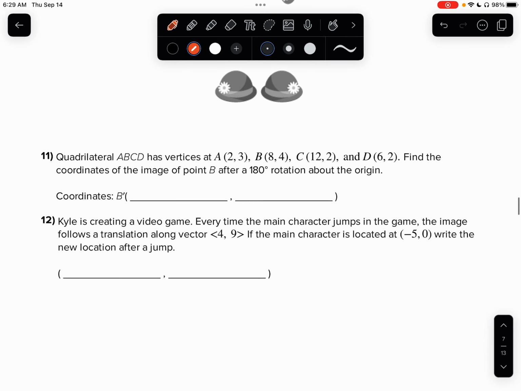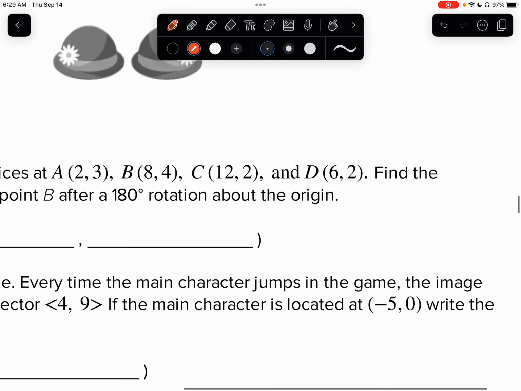Number 11. Quadrilateral ABCD has vertices at A (2, 3), B (8, 4), C (12, 2), and D (6, 2). Find the coordinates of the image of point B after a 180-degree rotation about the origin. So for a 180-degree rotation, the rule is (x, y) goes to (-x, -y).